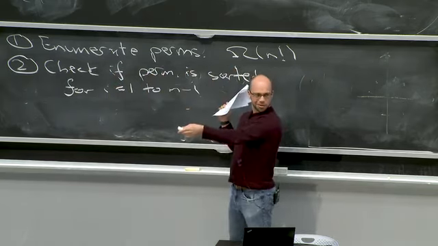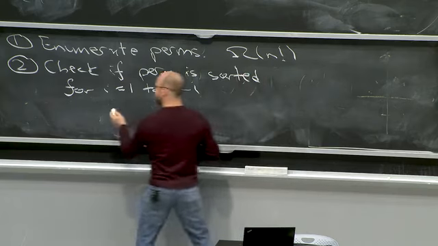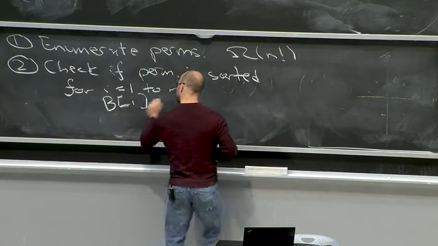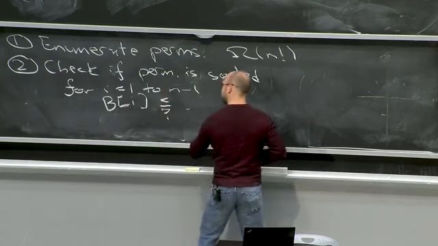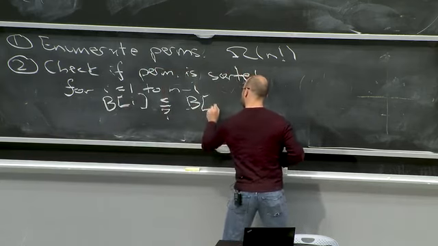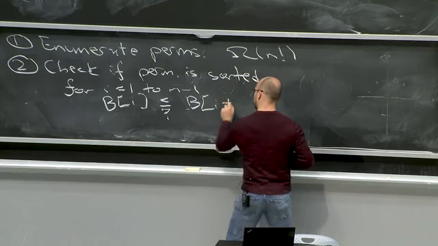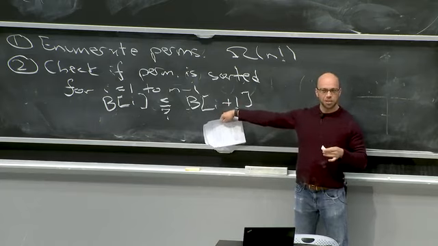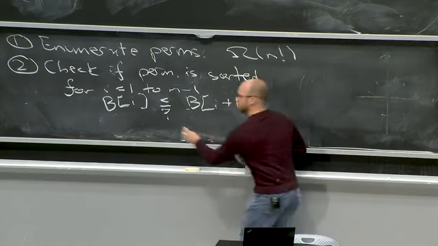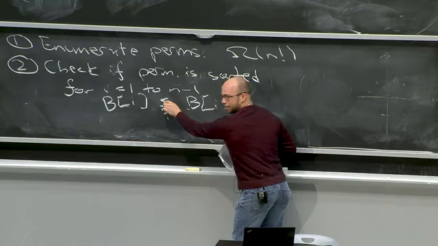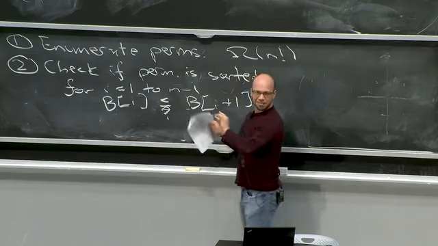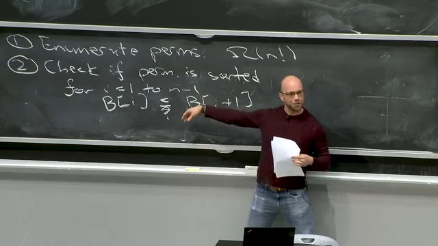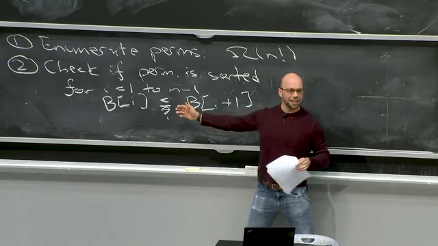Notice I'm not a Python coder, so it's going to look a little different. Then check, is b_i less than or equal to b_(i+1)? If this relationship is true for every single i, that was supposed to be a question mark over the less than or equal to, my special notation, then if I get all the way to the end of this for loop and this is true everywhere, my list is sorted and life is good.